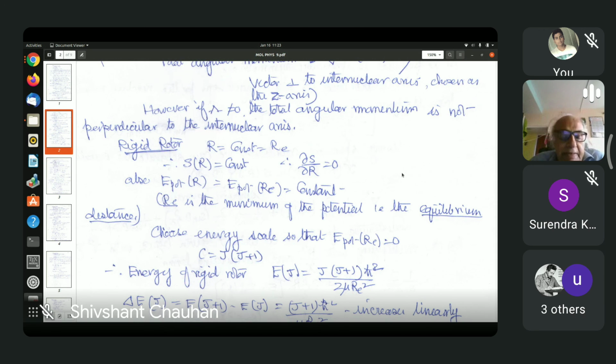If it is a pi state, the electrons also have some angular momentum to contribute, right? If lambda is equal to 0, the total angular momentum of the electrons is 0. If lambda is not equal to 0, the total angular momentum of the electrons is not 0.